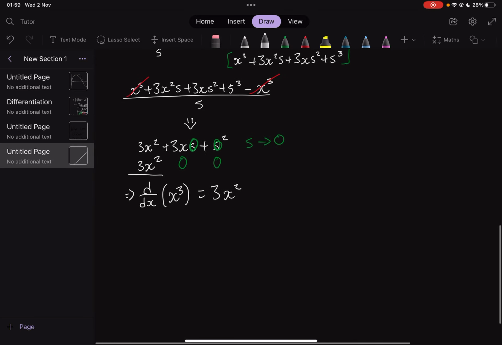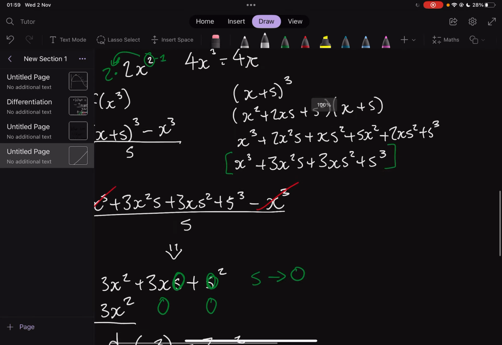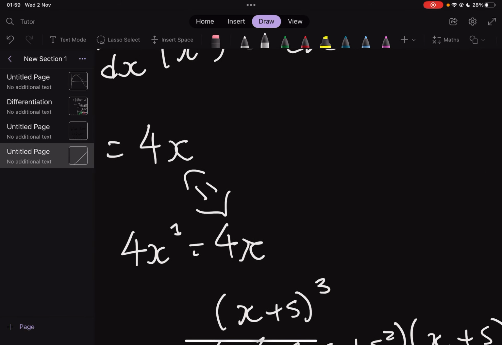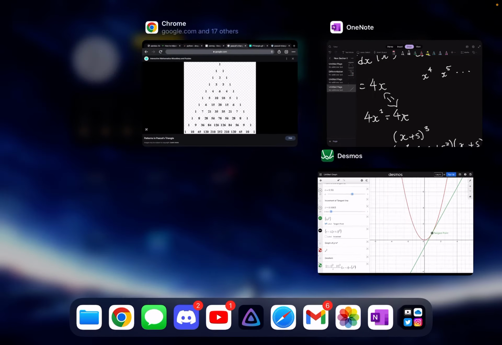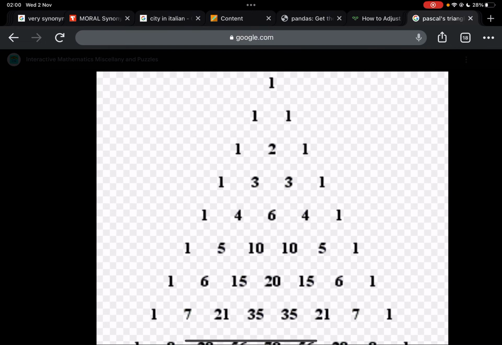So the way that these powers work for x4, x5, etc. You'll learn this in advanced higher if you take this, but basically it follows this thing called Pascal's triangle.